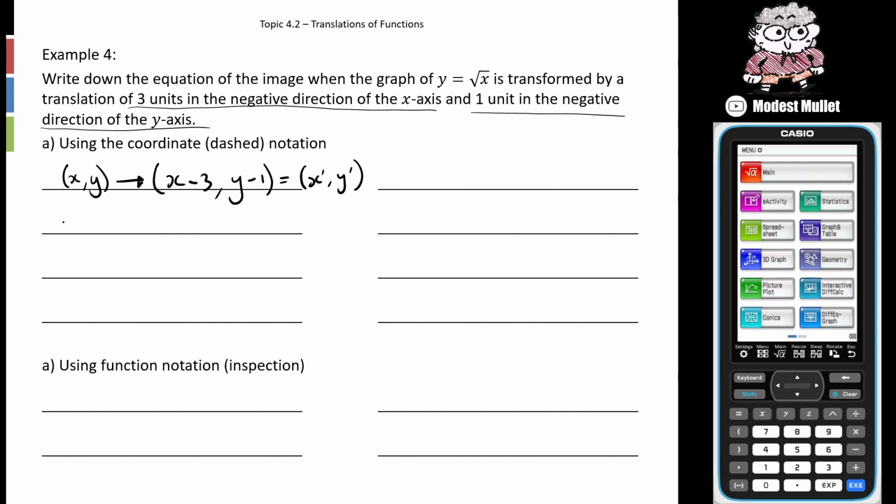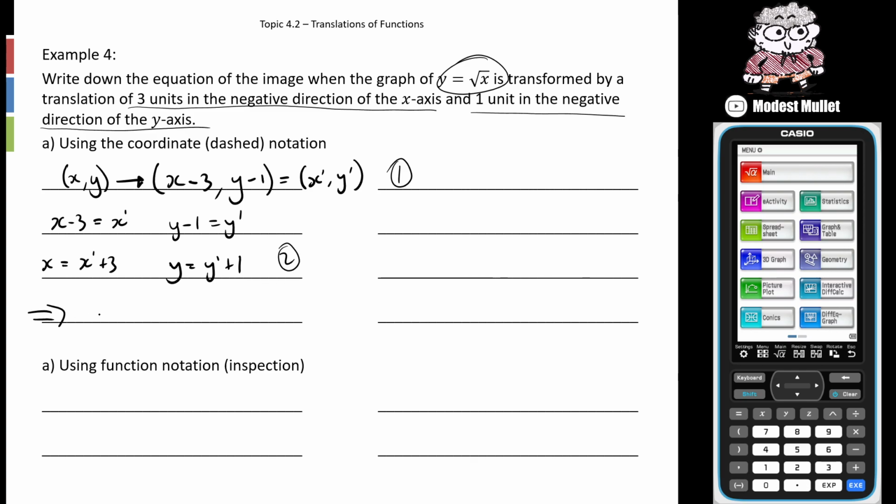From here we can equate our coordinates, so we get x minus 3 is equal to x dash, and y minus 1 is equal to y dash. So that's step 1. Step 2, okay, we need to get in terms of the old x and y, so we get x is equal to x dash plus 3, and y is equal to y dash plus 1, so that's step 2. Step 3, we need to substitute these into our original equation, which in this case is y equals square root of x.